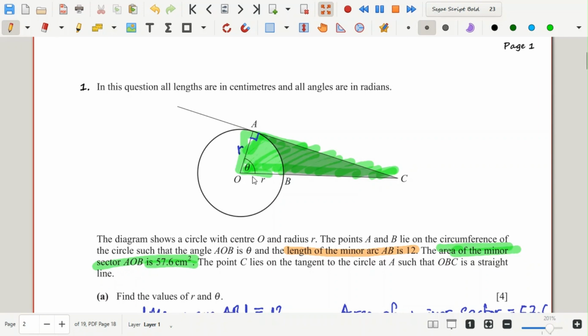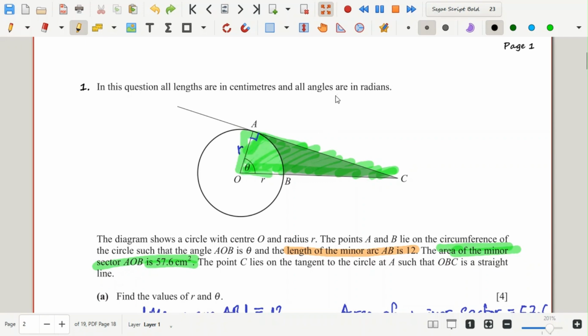Now, the area of this right angle triangle minus the area of the sector should give me what? Can you see? It should give me the shaded region, the part that is left, the green part.